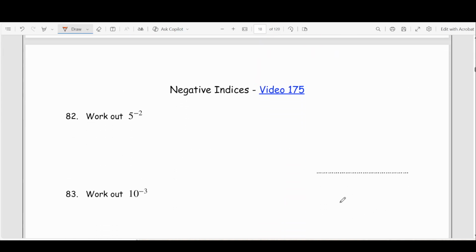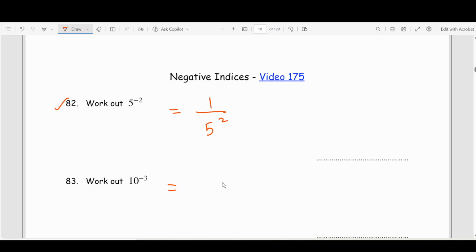Okay, good. Negative indices, it will convert into positive if you write 1 in the numerator. 1 over 5 raised to power 2. Can you try this one? The same way we did this. Yeah, you need to do same thing what we did here. It's same.